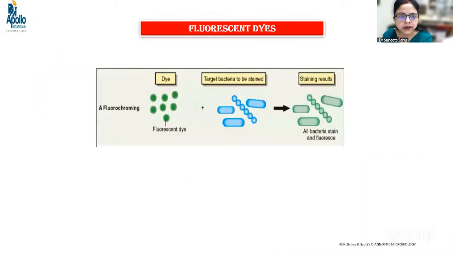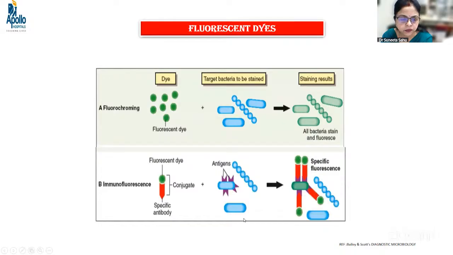Now, the fluorescent dye, when it is mixed with or added to the target bacteria, the end result is that the bacteria stain and fluoresce, and that is how we get to see them in the microscopes.